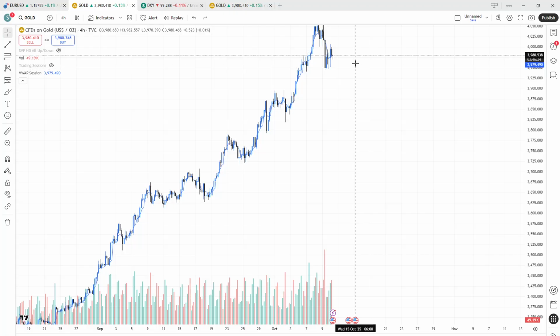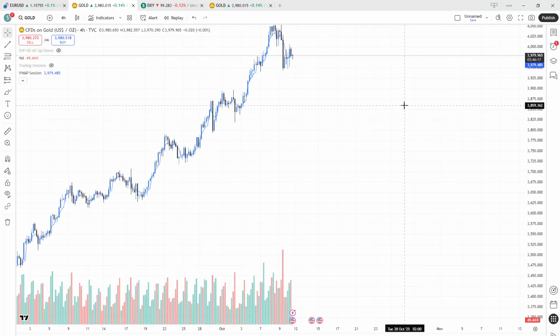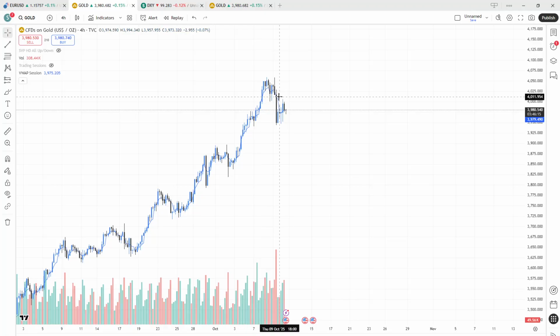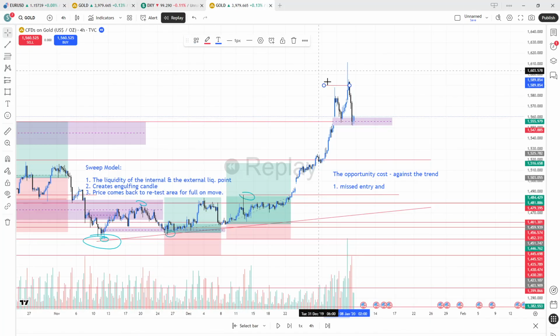It's hard to justify where you would want to have your entry, because again, we're looking for the sweep model for price to give us that confirmation, but it's not.